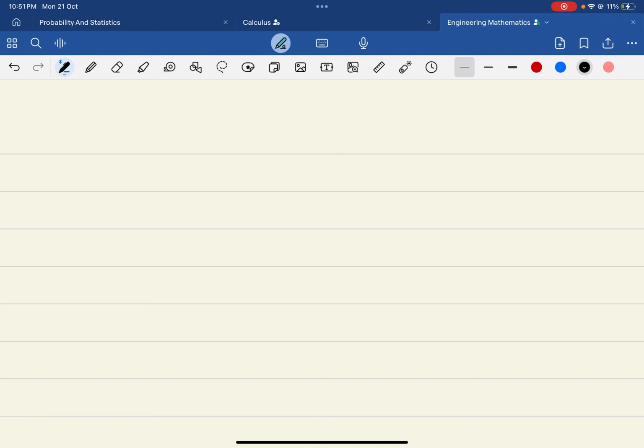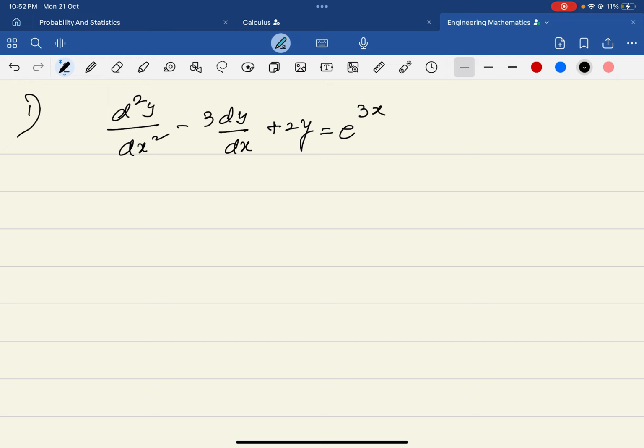Let us now have this type of an equation. So the first one is, solve the equation d square y by dx square minus 3 dy by dx plus 2y is equal to e raised to 3x. So we have to generally find out the complementary function.